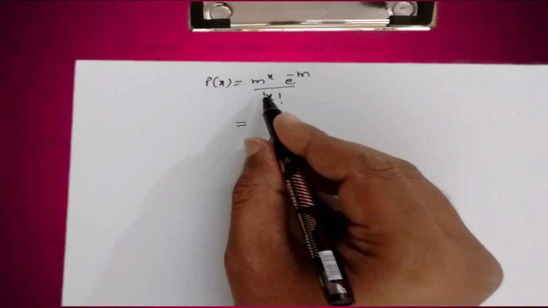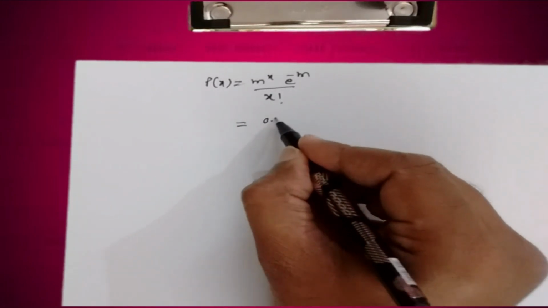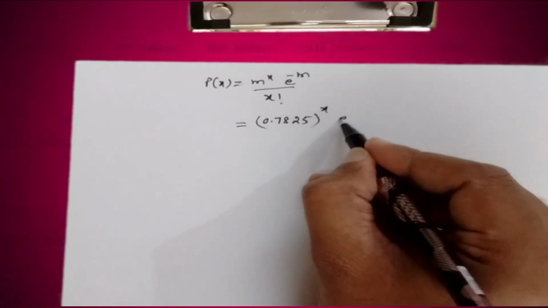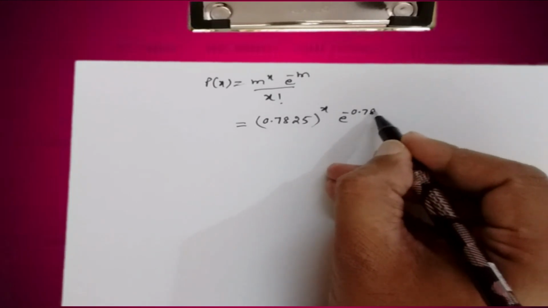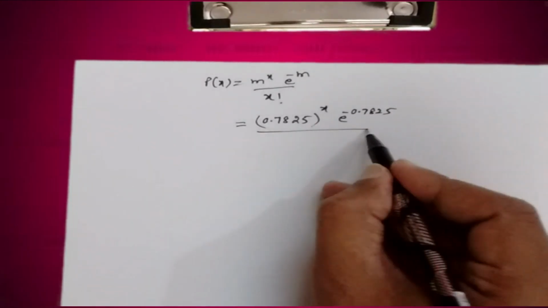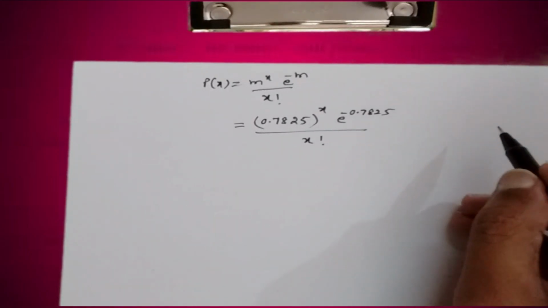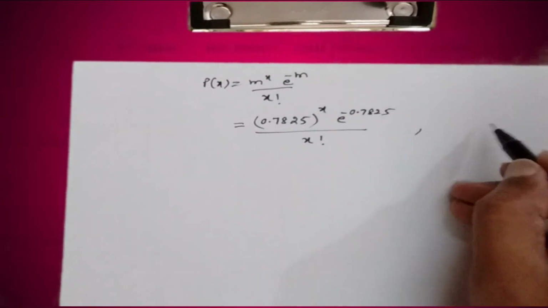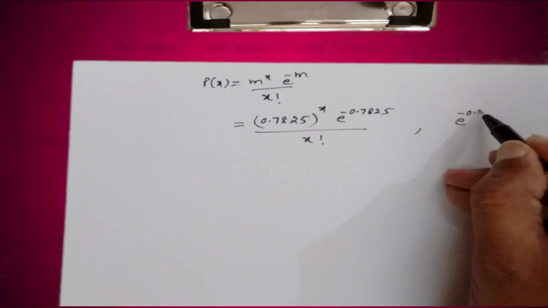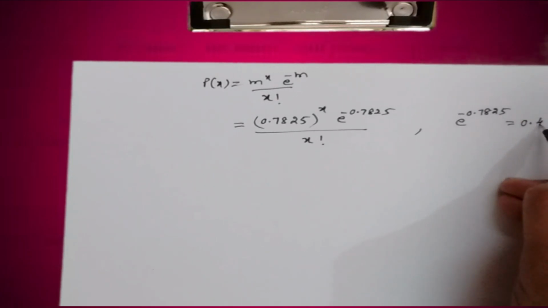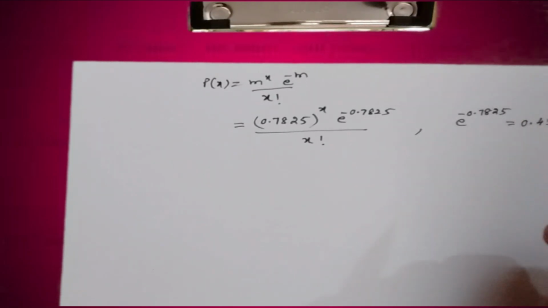So you can just plug in the value of m. So m value is 0.7825 to the power of x into e power of minus 0.7825 whole divided by x factorial. If you want, you can calculate this value separately, e power of minus 0.7825, and see how much you are getting. Are you getting approximately the value 0.4573?